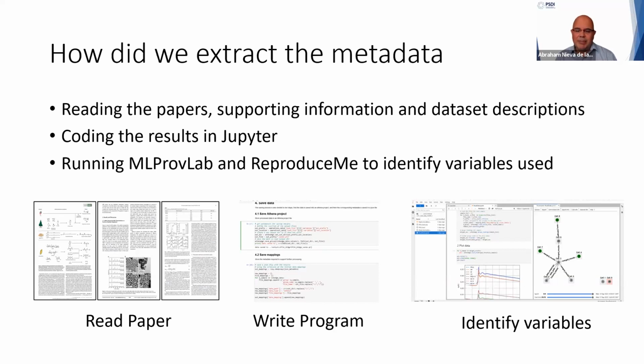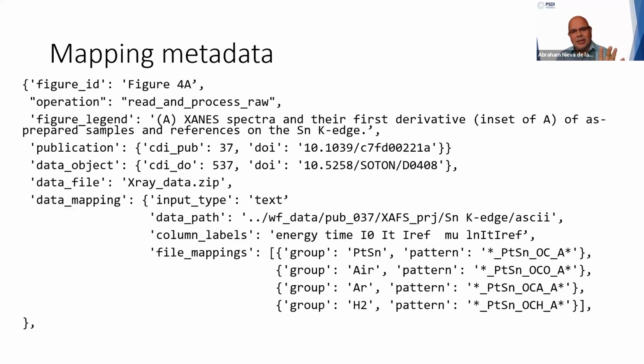And this mapping of the metadata has resulted in this type of documents, which are almost human readable. You can see which figure this data corresponds to, the links to the publications and data objects with the DOI identifiers, and even the names of the data files and the locations in the computer.